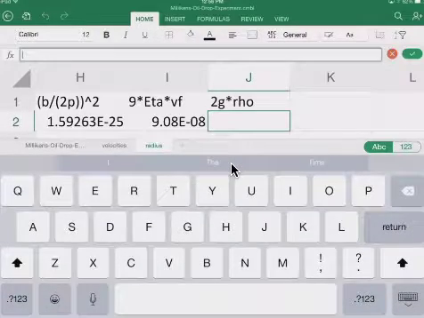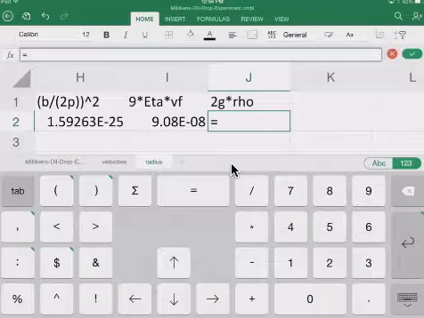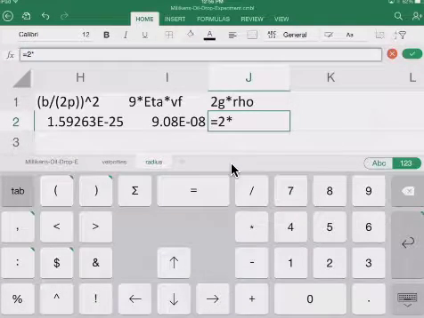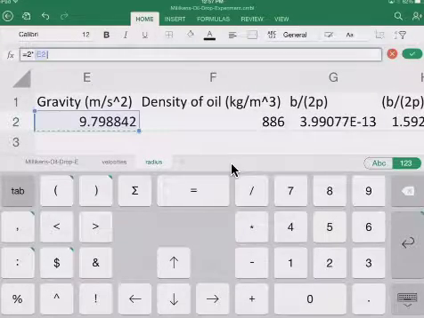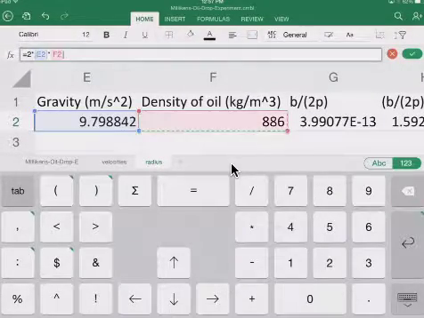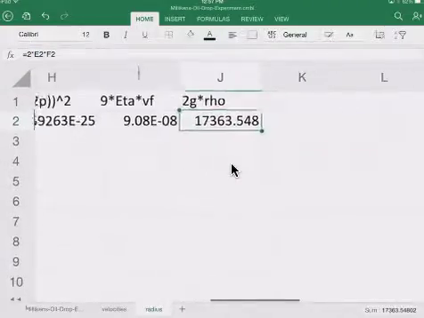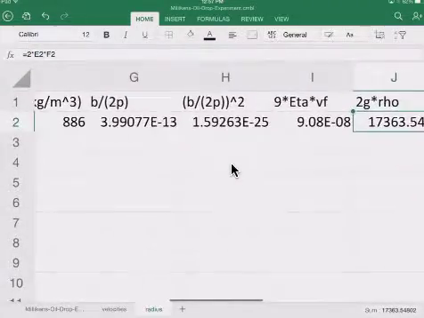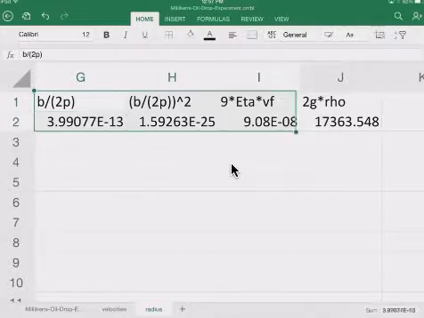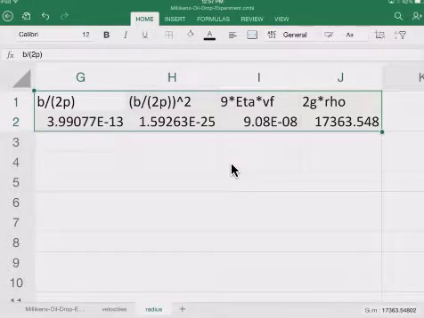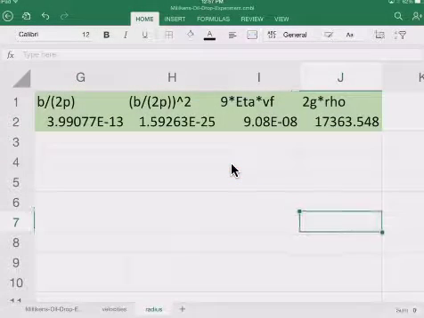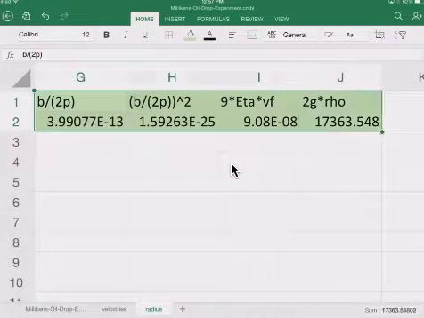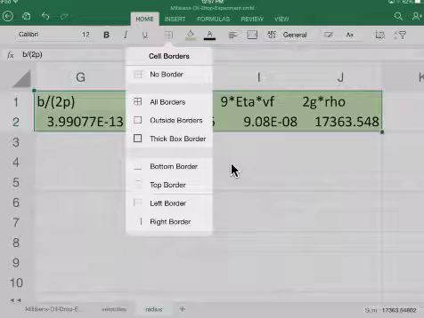So this is going to equal 2 times g, we already put it in here, gravity, times the density of oil. All right. So this is the information that we're going to need, and I'll just give it a green for go. All right, and all of this is based on what we did before.